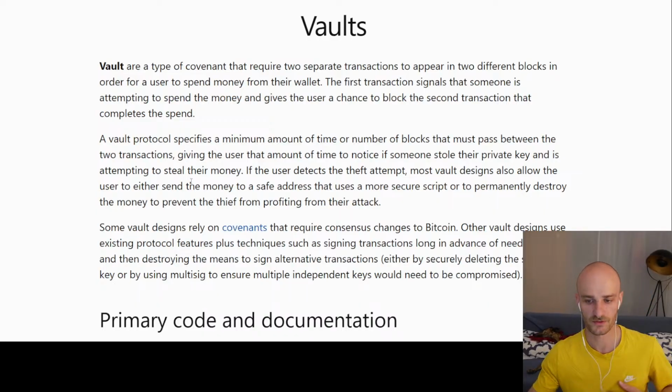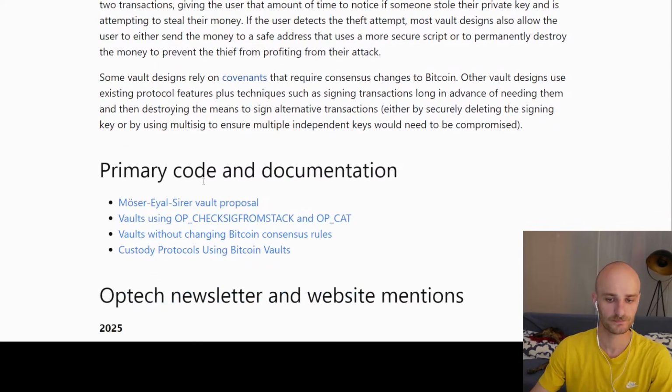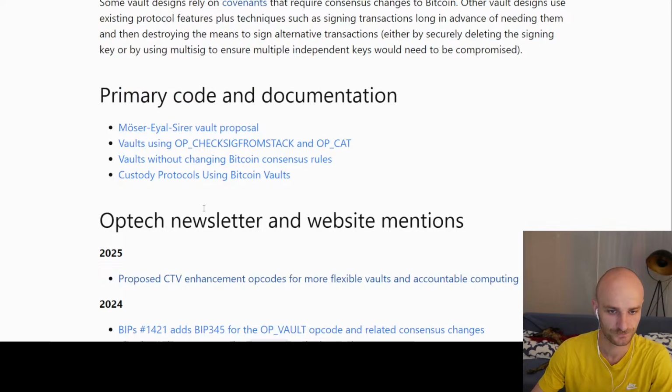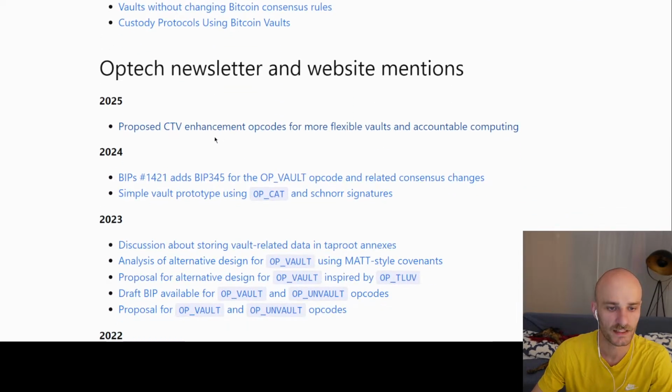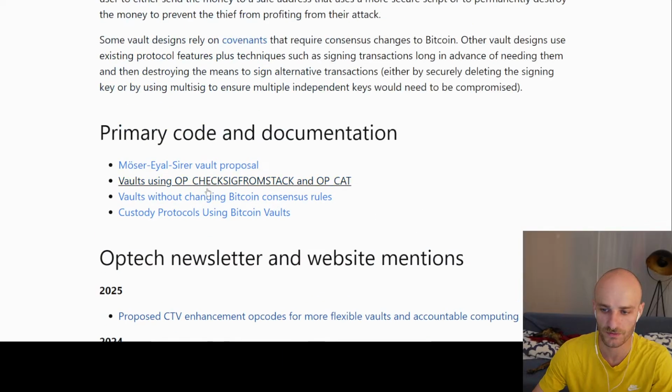We have also different techniques. So here we have some links talking about vaults, and here we have some primary code and documentation. I'm not sure if it's all the same source or if these are different implementations.